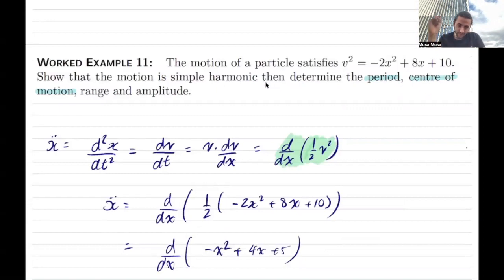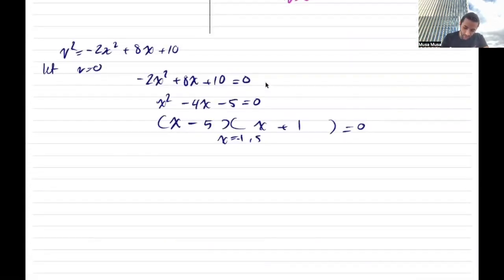The range and the amplitude. Okay, so anyway, we have to do what we did here anyway. So the range and the amplitude. Well, how high are you going? You're going as high as 5 and you're going as low as minus 1. So the range should equal 6. And then what's the amplitude?